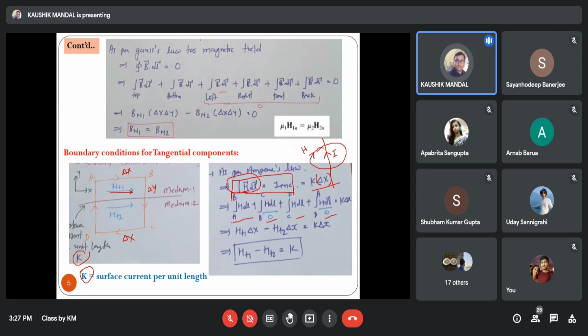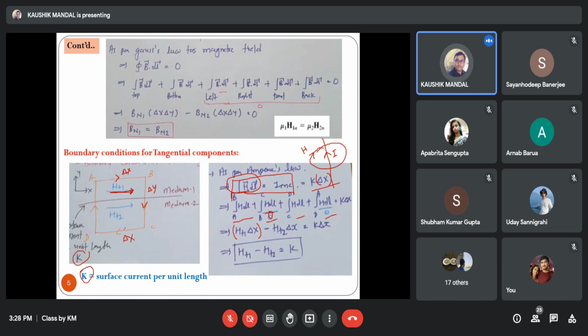Over A to B, the tangential component is parallel, so it will be Ht1 into del X. What about H dot dl over B to C? Along this path B to C, there is no tangential component, so it will be 0.